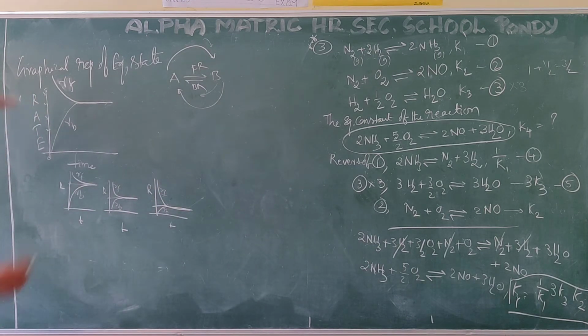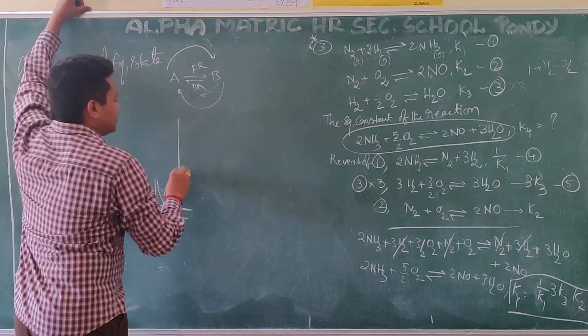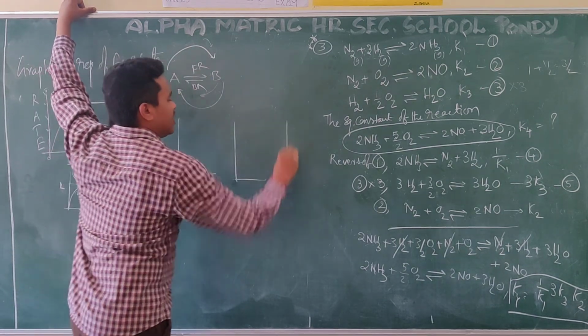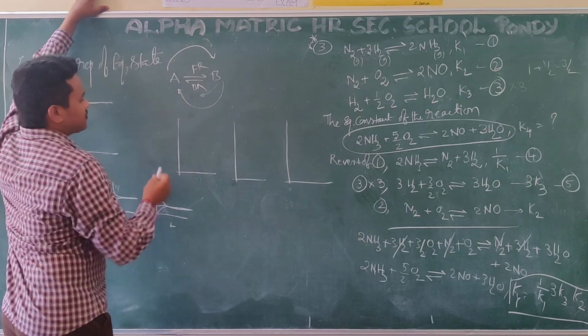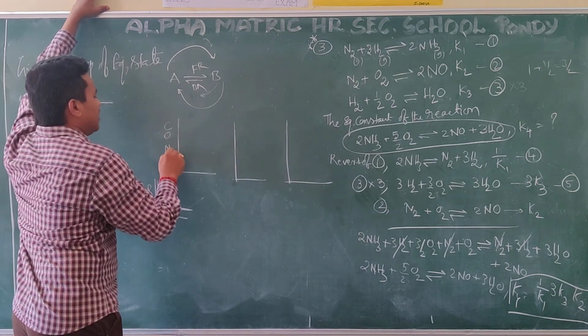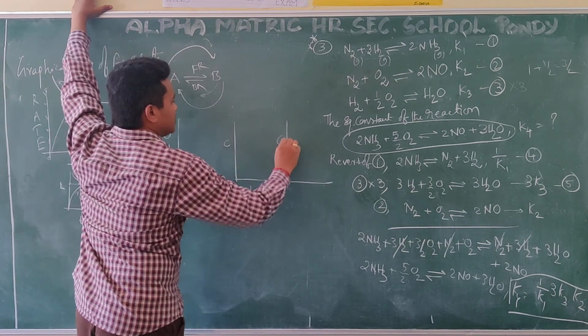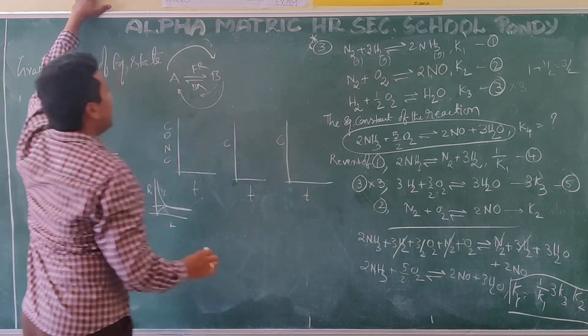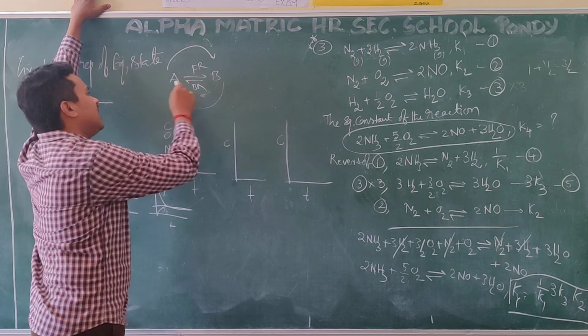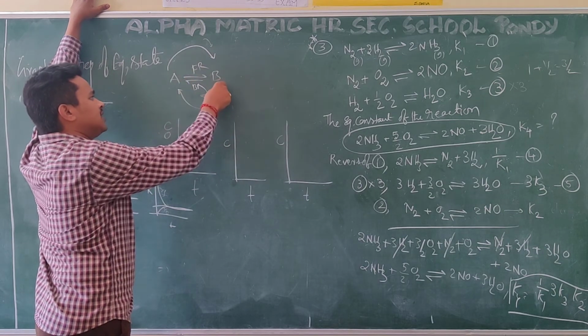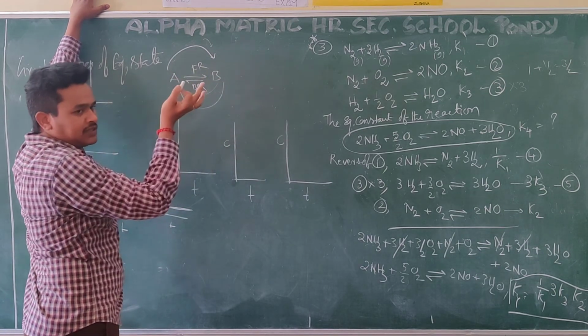And the other graph is concentration. Concentration wise, what will happen here? Here you take concentration and time. Slowly concentration of A decreases, concentration of B increases.